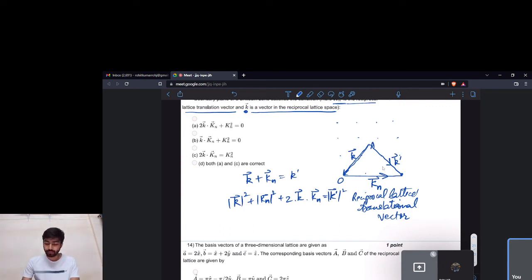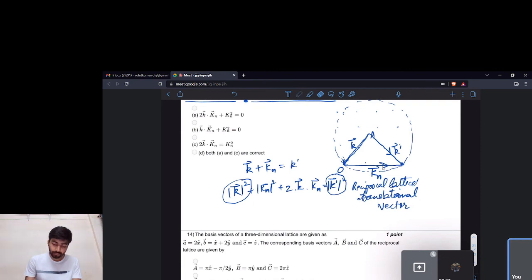So if I try to prepare a sphere, then the magnitude of k square and k prime square are the same and can be cancelled out. So we have the condition Kn square plus twice of k dot Kn is equal to 0. So twice of k dot Kn, this is the right option.